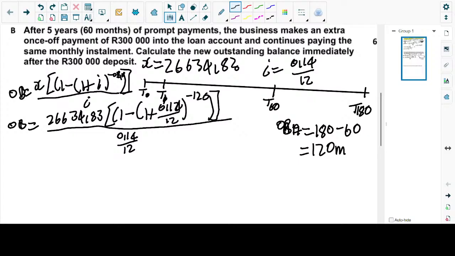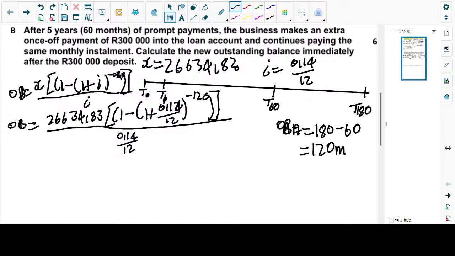On our calculator, we press fraction first. 26,634.83, open a bracket, open another bracket, 1 minus, open the other bracket, 1 plus i, which is a fraction of 0.14 all over 12.